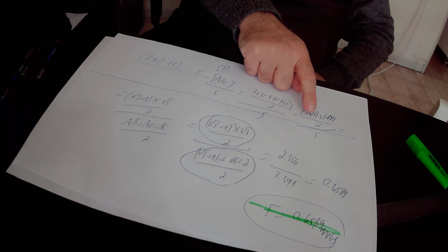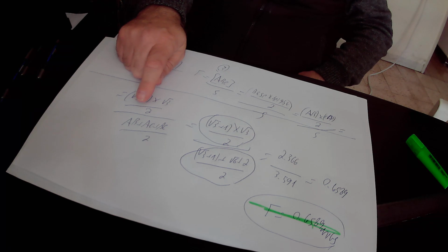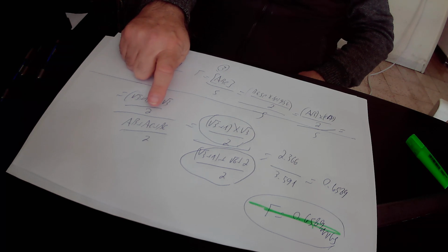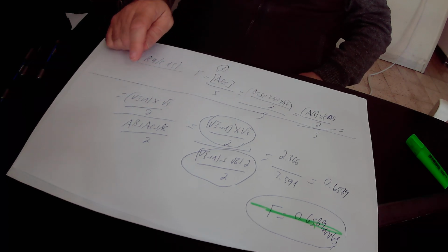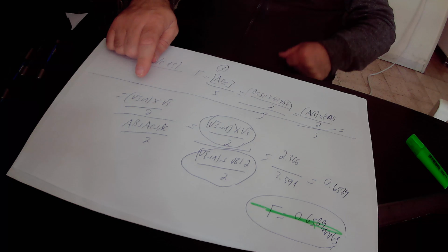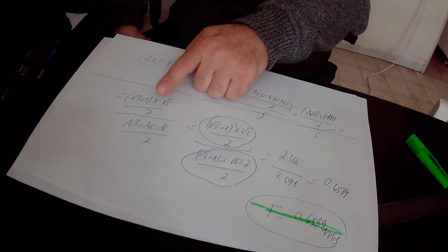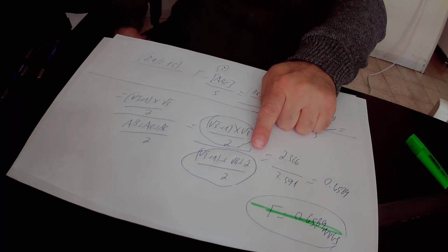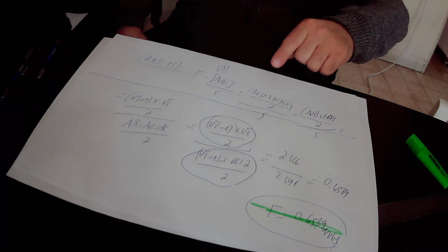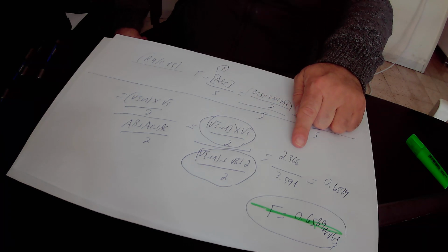And the semi-perimeter S of triangle ABC is the perimeter over 2. The perimeter is AB plus AC plus BC, and if we divide the perimeter by 2, we get the semi-perimeter S. So R, the radius of the circle, equals the square root of 3 plus 1 times the square root of 3 over 2, divided by S. Here AB is equal to the square root of 3 plus 1, AC is equal to the square root of 6, and BC is 2, all divided by 2. The numerator expression is the area of triangle ABC, and the value of this expression is 2.366.